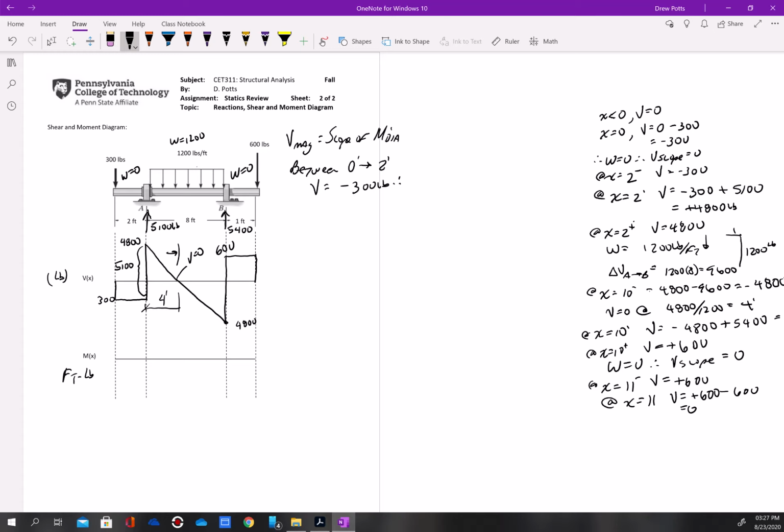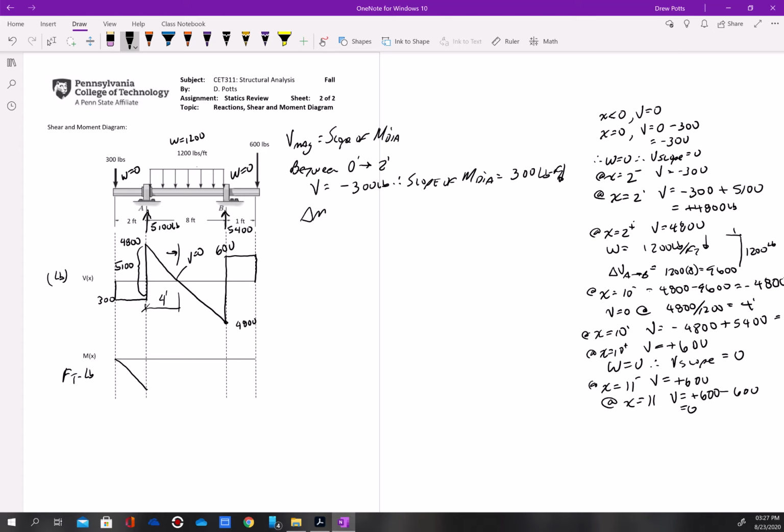So therefore, the slope of the M diagram is 300 pounds per foot down. Okay. Well, it's really not pounds per foot. It's really foot-pounds, isn't it? It's 300 pound-feet down. Okay. So for every 1 foot we go to the right, we're down 300.